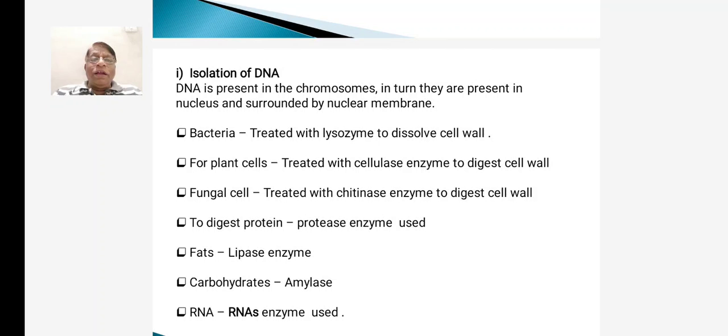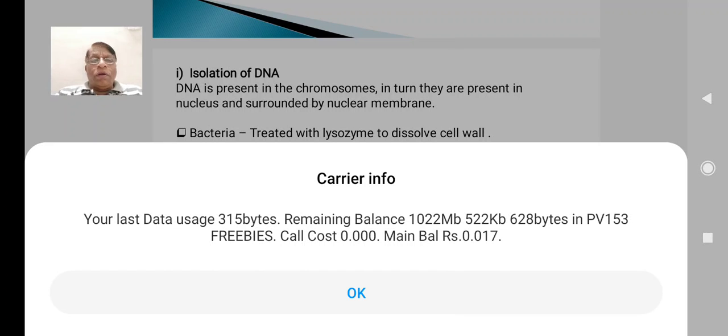This DNA is present in the chromosomes, and chromosomes are enclosed by the nuclear membrane.